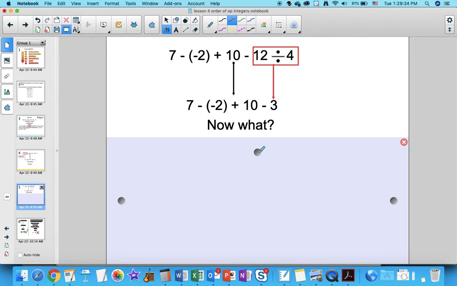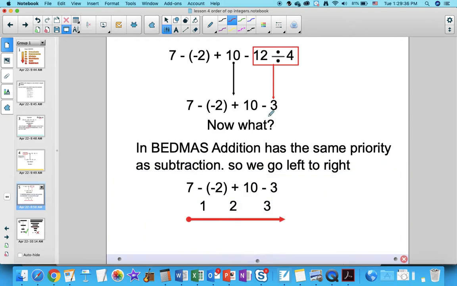Now what? Well, in BEDMAS, even though addition comes first, you can use subtraction as well. So when we look at BEDMAS, again, it doesn't really matter which one you do first for DM and AS, right? As long as you do either D or M before you do A or S. So addition and subtraction, it could be BEDMSA, right?